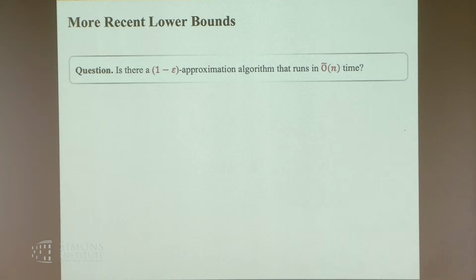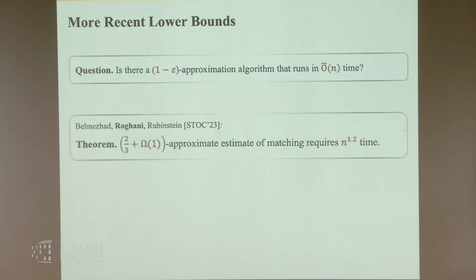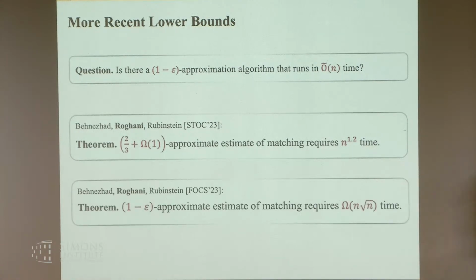So basically, the question is: can we get a 1 minus epsilon approximation in linear time? This was open until 2 years ago. We proved that any algorithm that gets better than 2/3 approximation requires spending n to the 1.2 time. In another paper, we also proved that if you want to get a 1 minus epsilon approximate estimate of the maximum matching, the algorithm needs to spend n root n time.